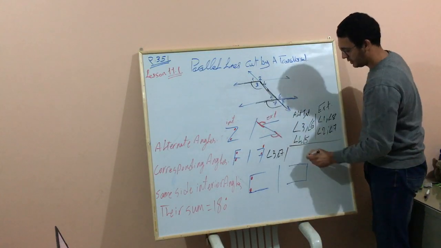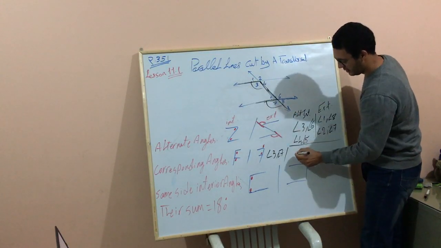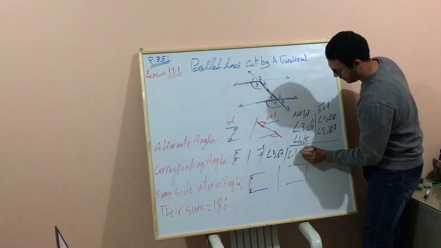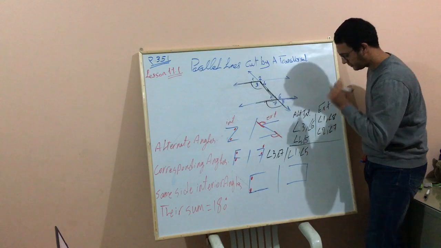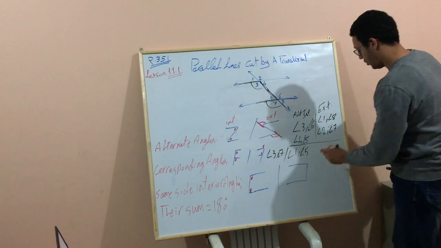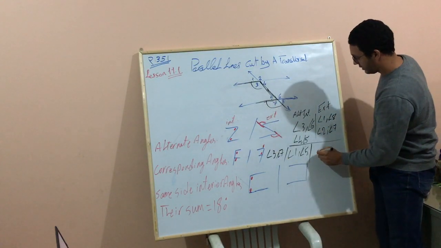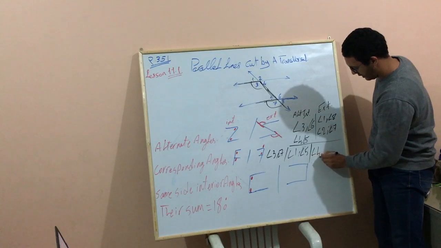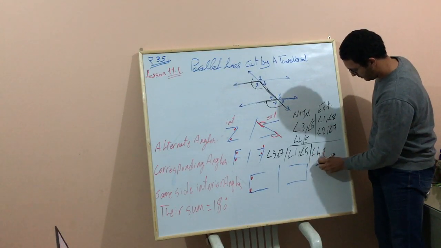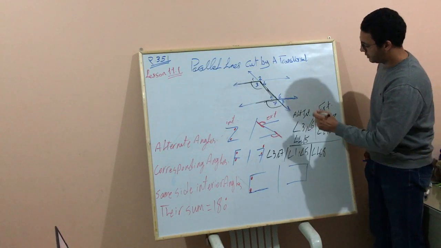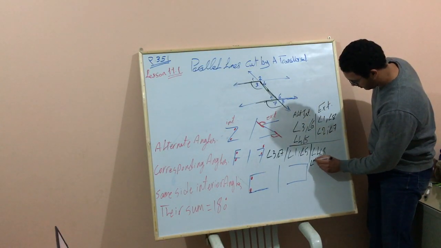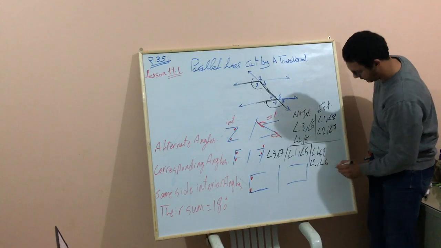And on the upper side, we have angle 1 and angle 5, or angles 4 and 8, or angles 2 and 6.